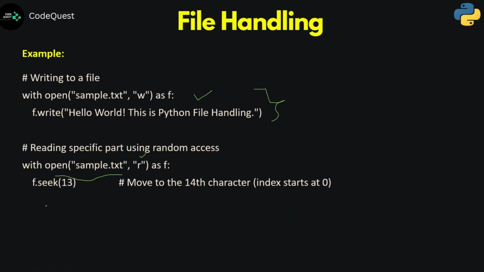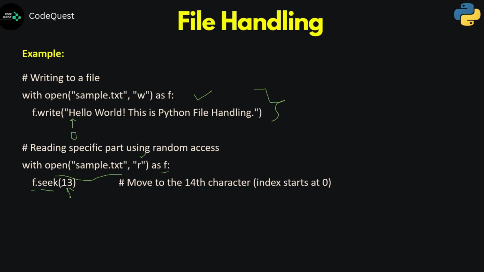Because this f is the file object, through that file object we have called the function seek, and here I am writing 13. The meaning of this 13 is that it's going to move 13 characters from the beginning. As the file has opened, the content starts with h, whose index is 0.